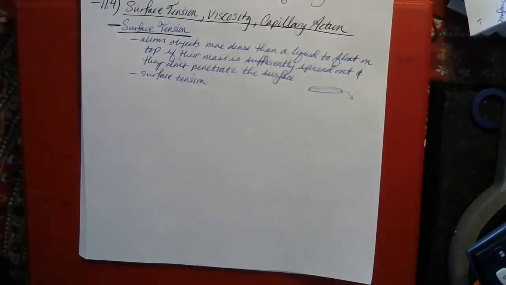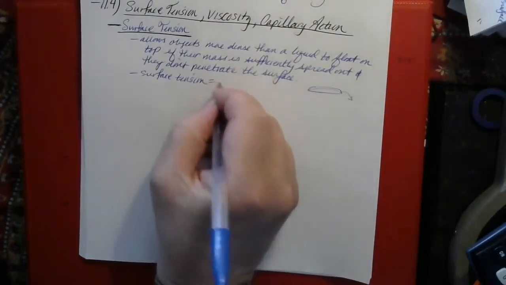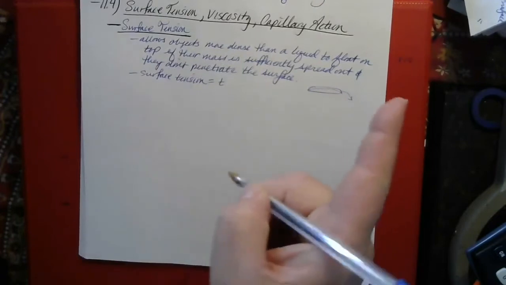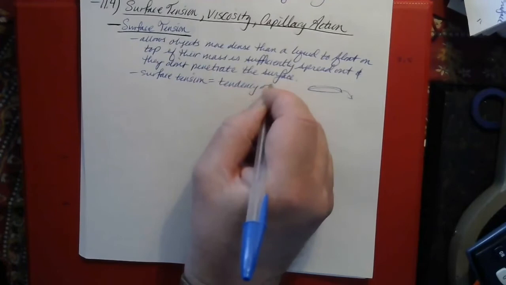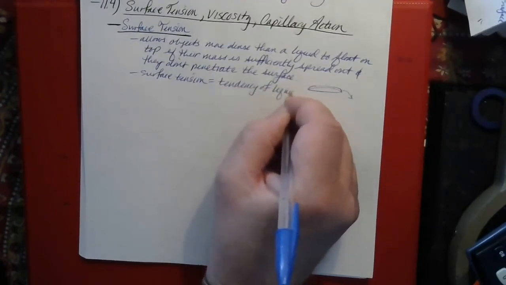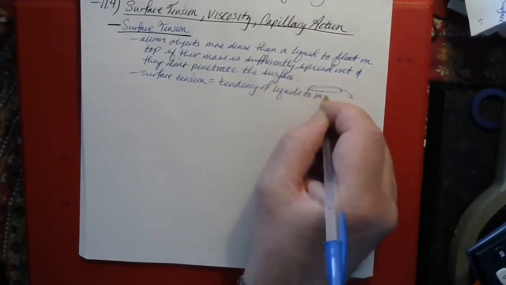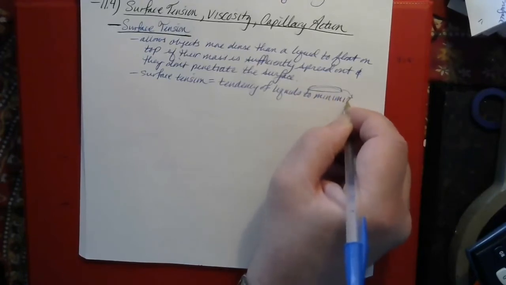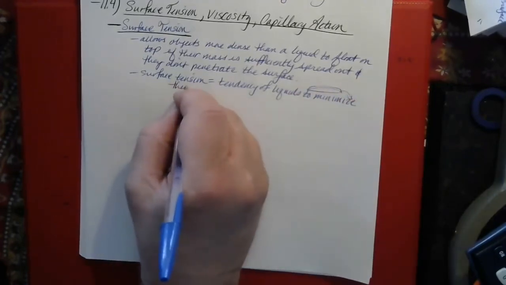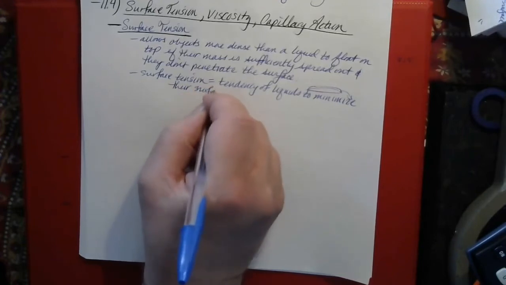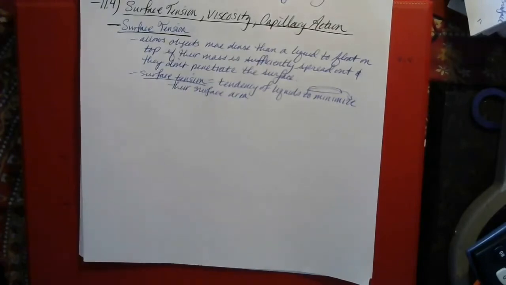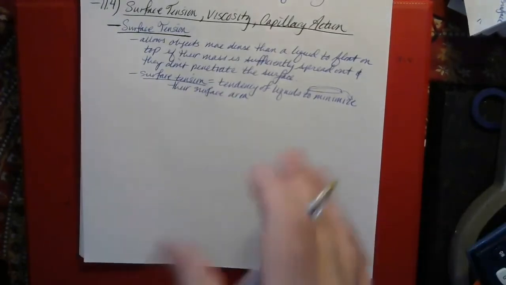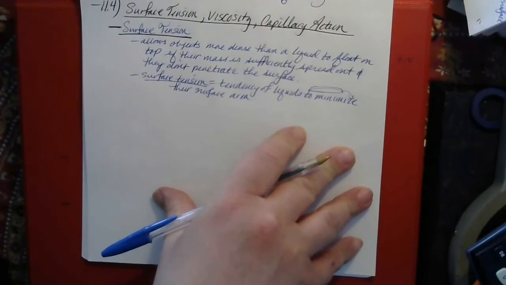So surface tension is defined as the tendency of liquids to minimize their surface area. Or in colloquial terms, you can think of it as basically the tendency of liquid molecules to stick together.